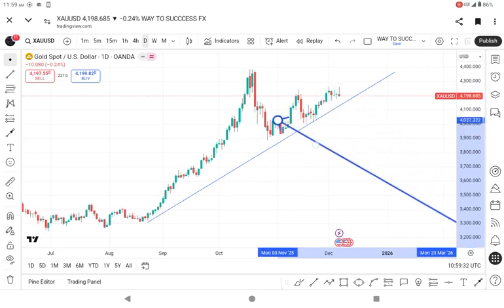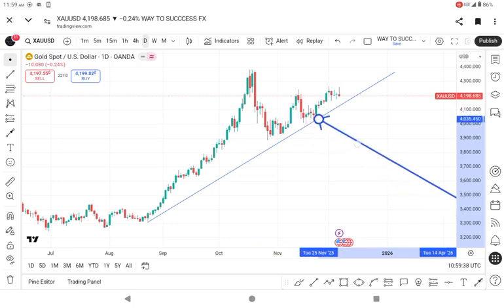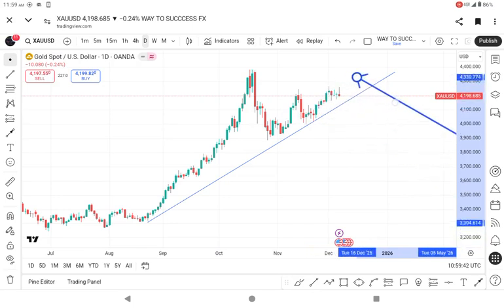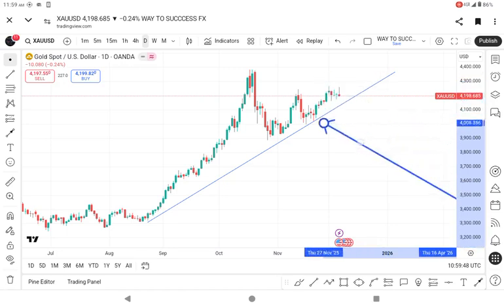And after we broke this level of resistance that turned support before this movement, I also analyzed why price should continue up here. So right now, all I'm waiting for is continuation to the upside.